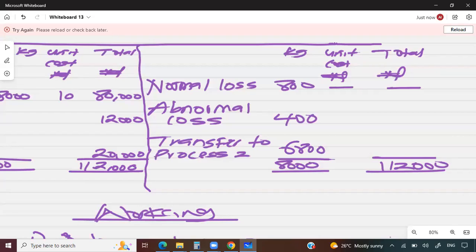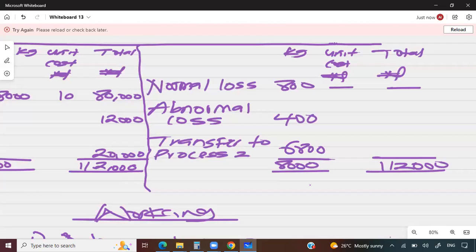So now the next thing we need to look for is the price we are going to use for this transfer. What will be the unit price for abnormal loss? In a manufacturing company, if there's a defect as a result of one individual's carelessness, then you have to pay for it.